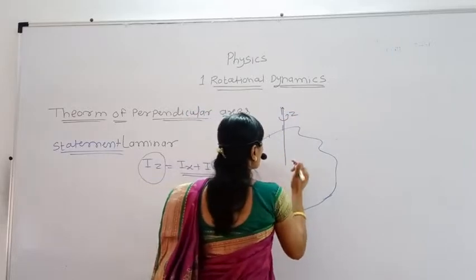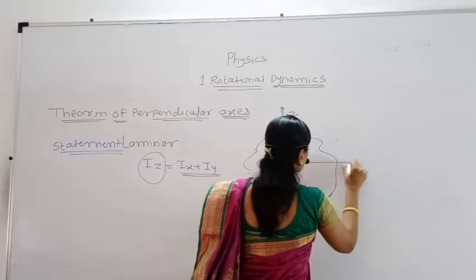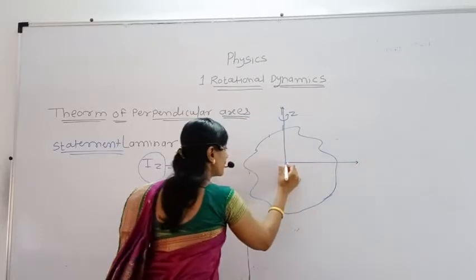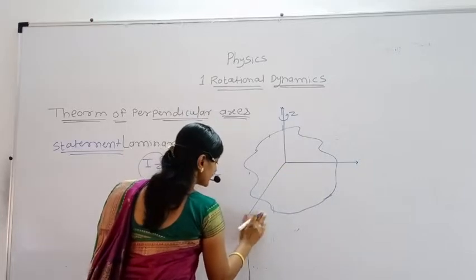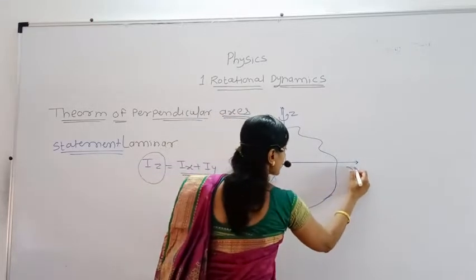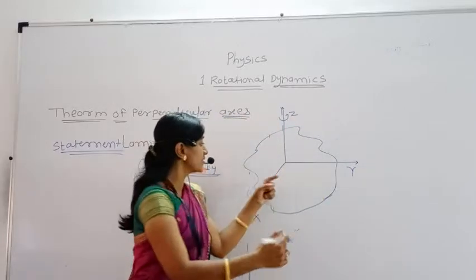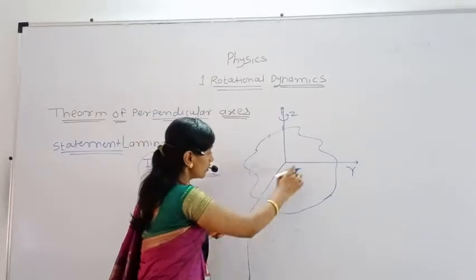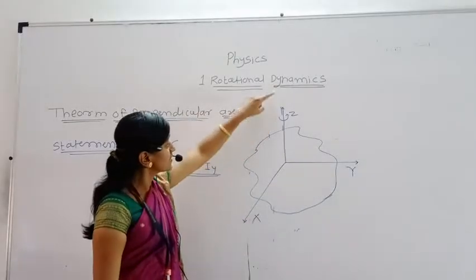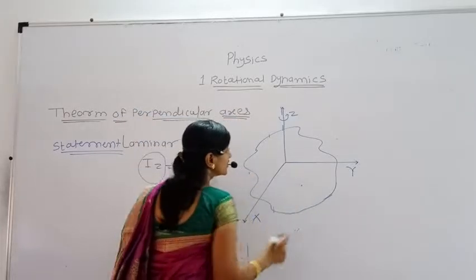From that, two mutually perpendicular axes are there. It is the x axis, the y axis, and the z axis. See, those two axes x and y are present in the plane. They are mutually perpendicular to each other, and the z axis is perpendicular to the plane.